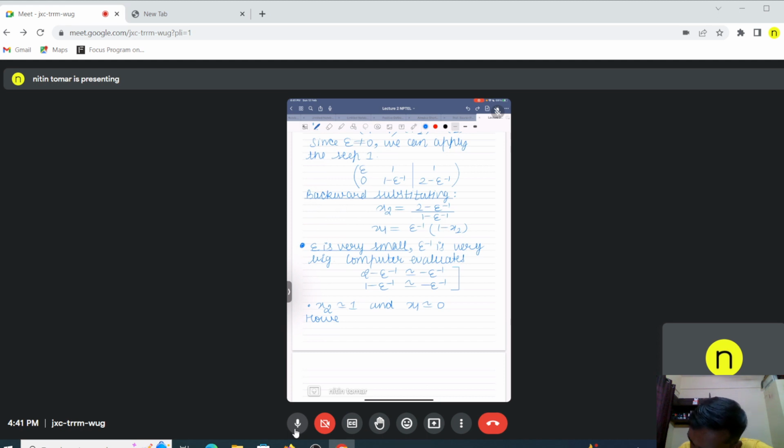However, the exact solution is given by x1 equal to 1 upon 1 minus epsilon, which is clearly not 0, right? And x2, if epsilon is a very small number, is approximately 1, correct?